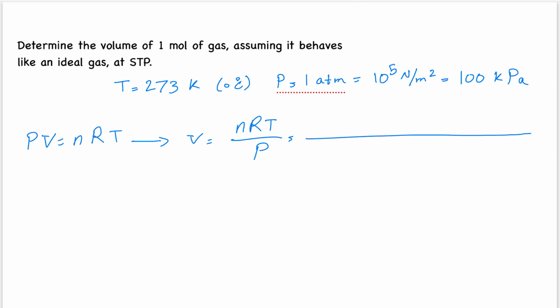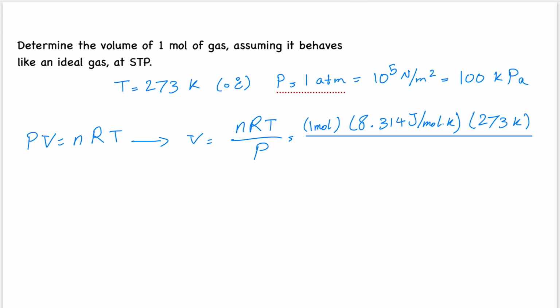So this will be equal to n is 1 mole, R is 8.314 joule per mole Kelvin, T is 273 Kelvin, and the pressure, it is better to use 10^5 newtons per meter square, right?